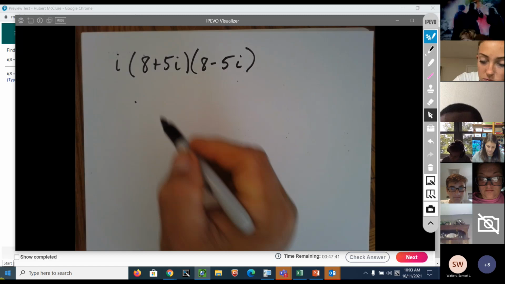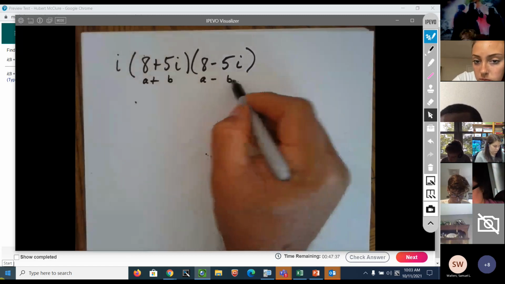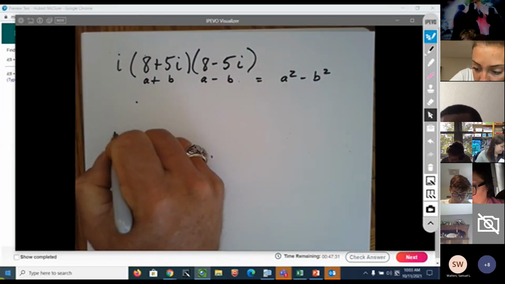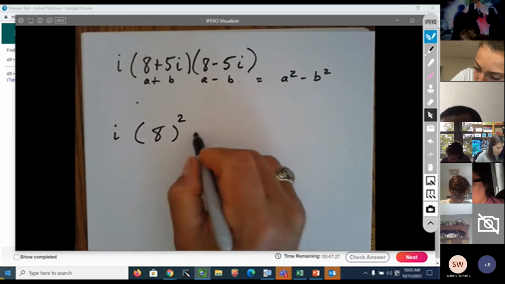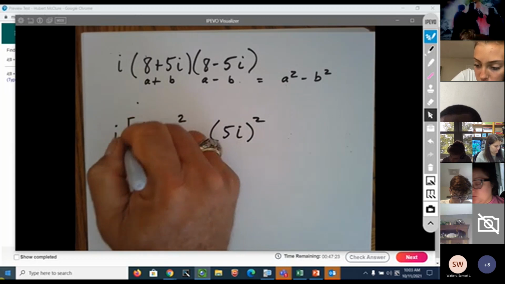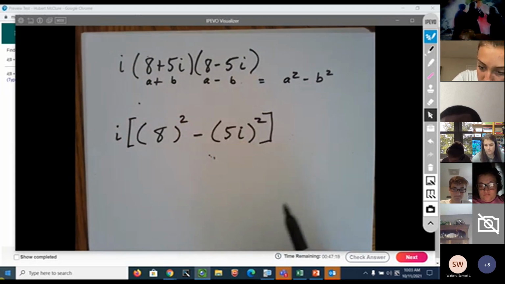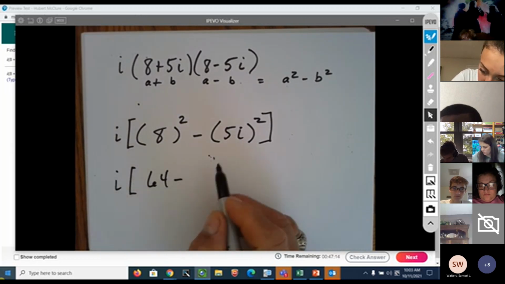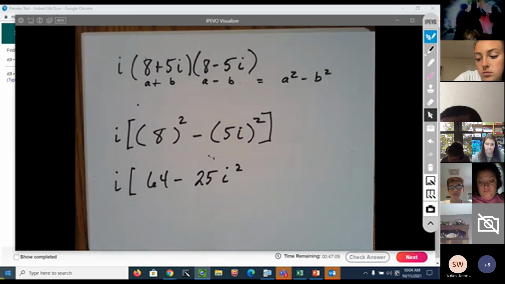So it is equal to 8 squared minus 5i squared, using shortcut number 3. So that's going to be 64 minus 25i squared. And yes, I'm going to take my highlighter.